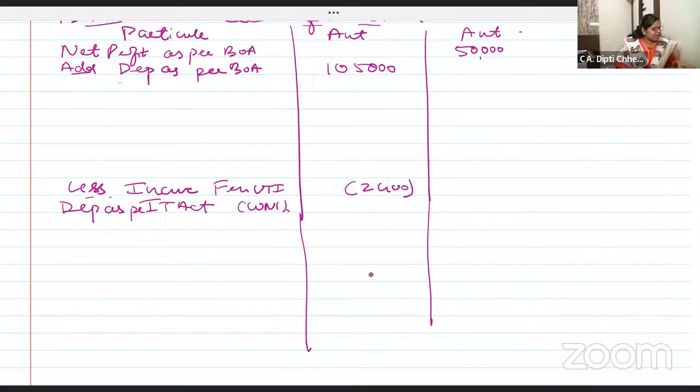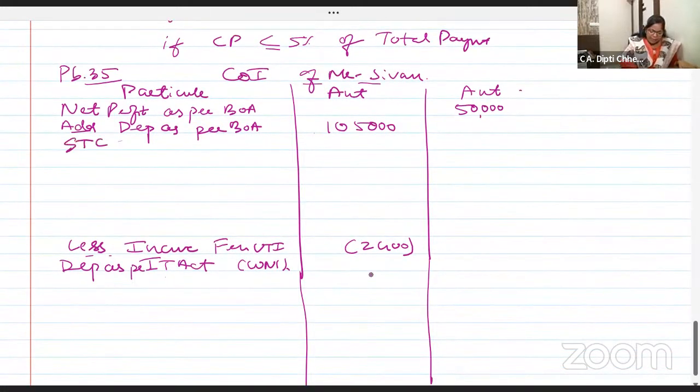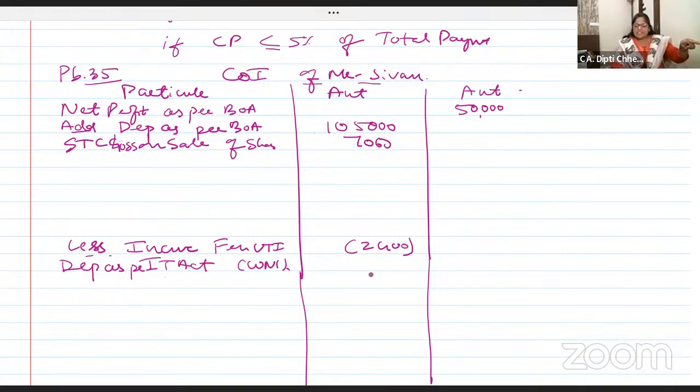GP is clear, NP is clear. और एक item, short term capital loss on sale of shares. Now this is debited in the P&L. Even if this loss is considered, where is it considered, dear students? Capital gains. तो यहाँ तो नहीं लेंगे, ठीक है? चलो आगे चलते.